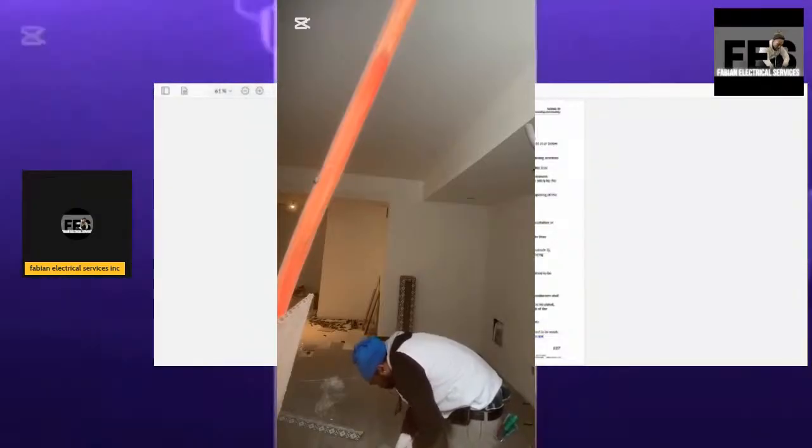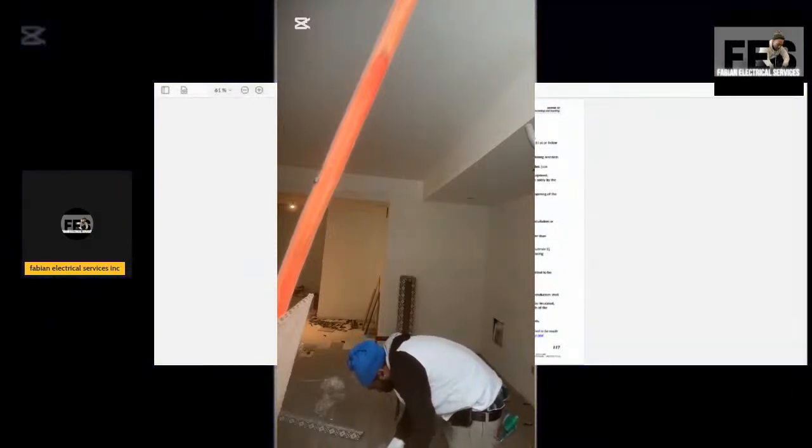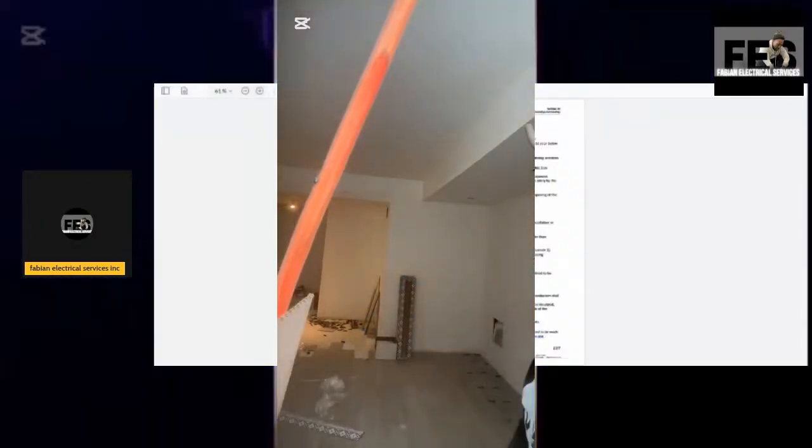What I'm going to be doing in the installation is installing my electrical boxes for my electrical conduits. These conduits are going to be for my generator feed, generator backup that's going to be installed inside of the home.